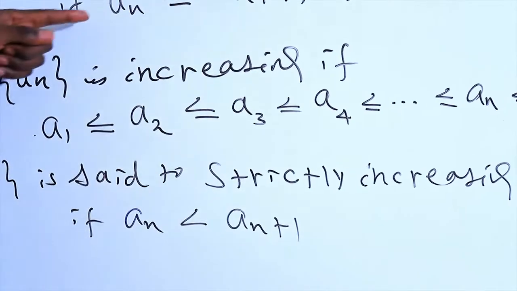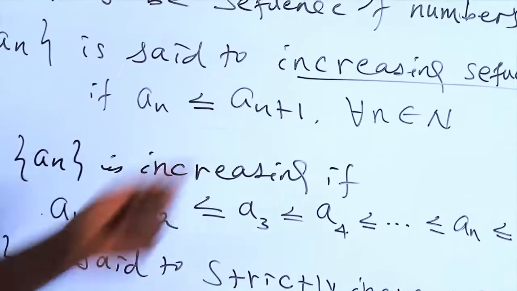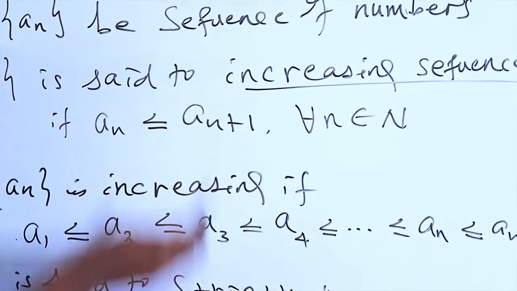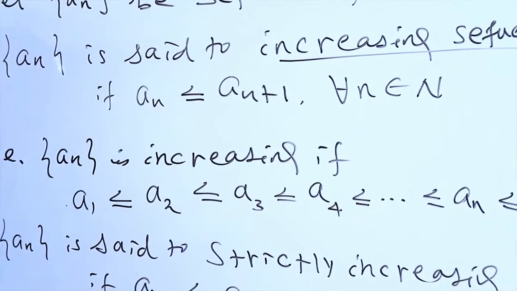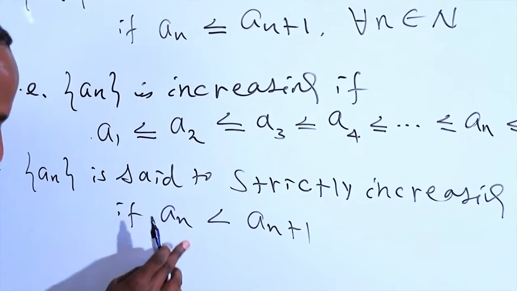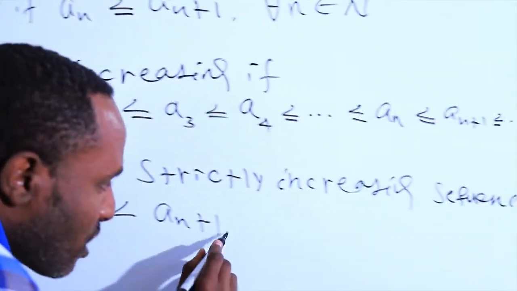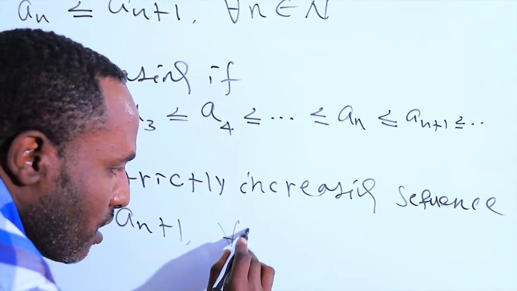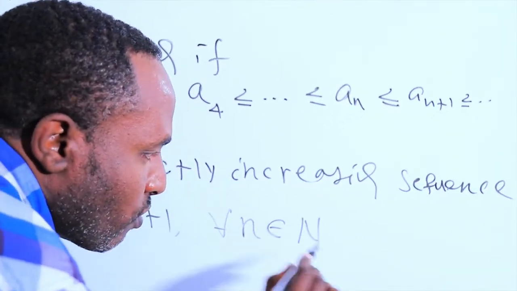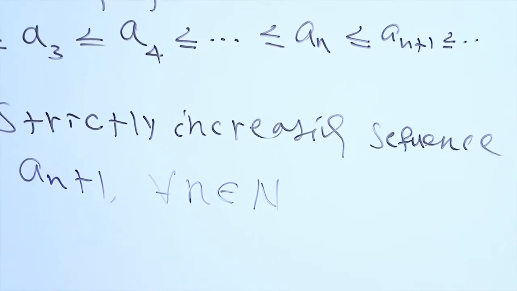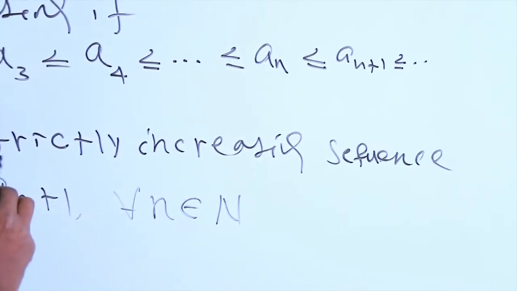So you can compare here: if AN is less than or equal to AN plus 1 for every n an element of N, this sequence is said to be increasing. Whereas if AN is strictly less than AN plus 1 for all n an element of the set of natural numbers N, then such a sequence is known as a strictly increasing sequence.